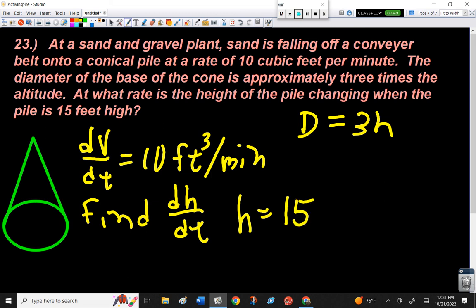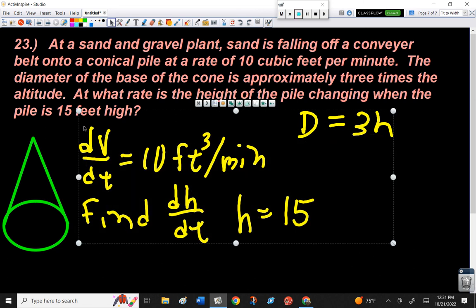Okay, so we have all that information. Now some of you are going, but sir, we're looking at the volume of a cone, right? So let's write the volume of a cone real quick.